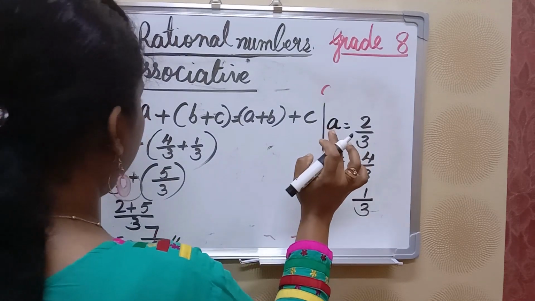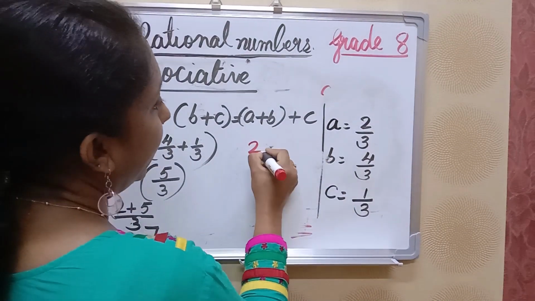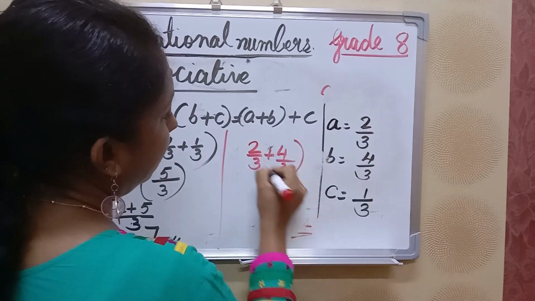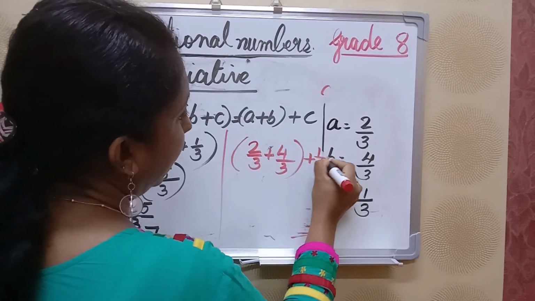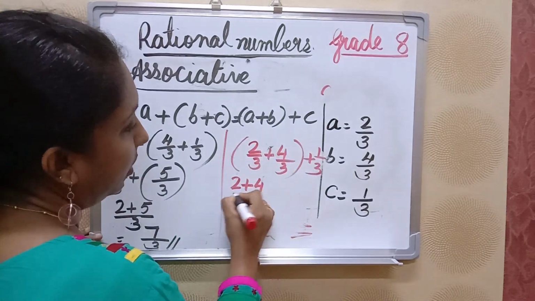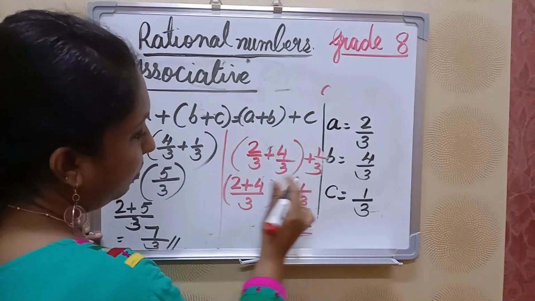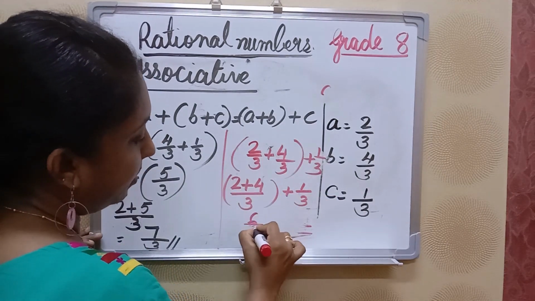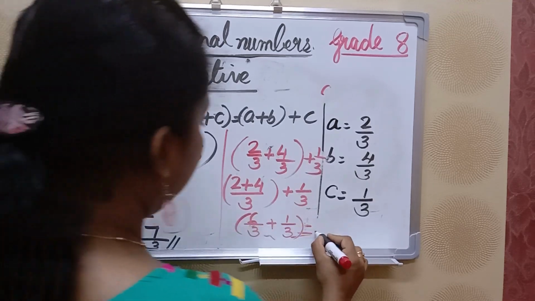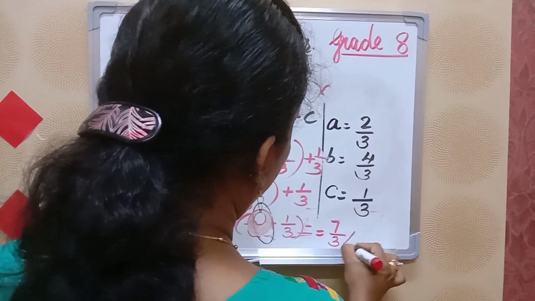Now this side is (A plus B) plus C. That is 2 by 3 plus 4 by 3 plus 1 by 3. 2 plus 4 is 6. 6 by 3 plus 1 by 3 is equal to 6 plus 1 is 7 upon 3.